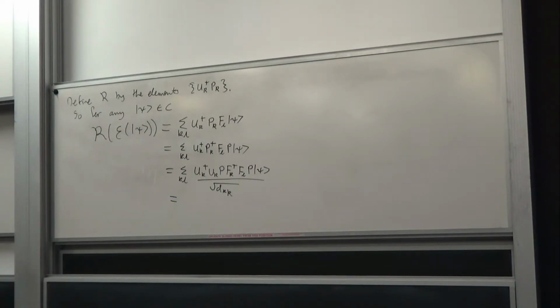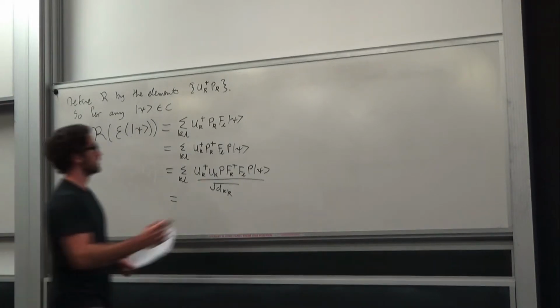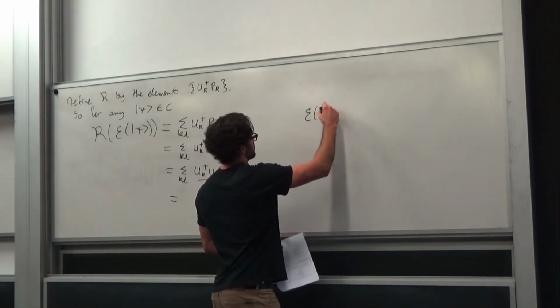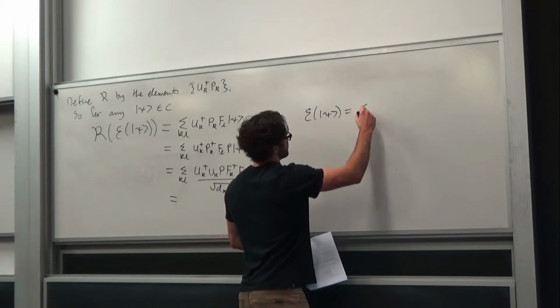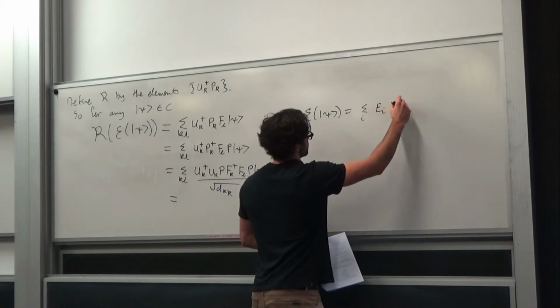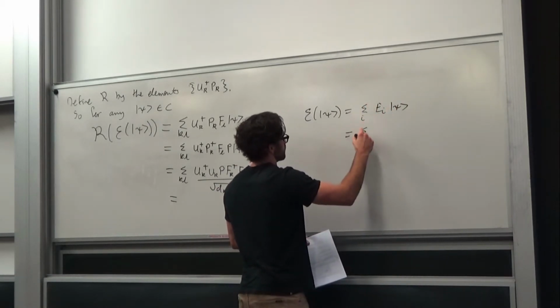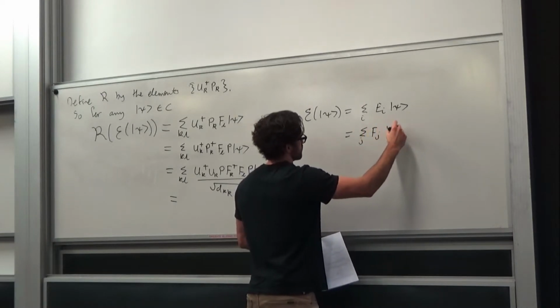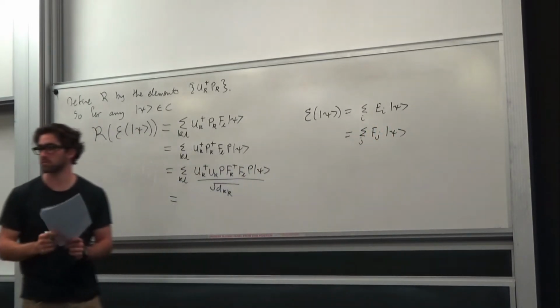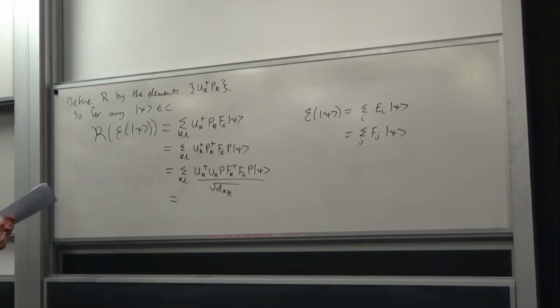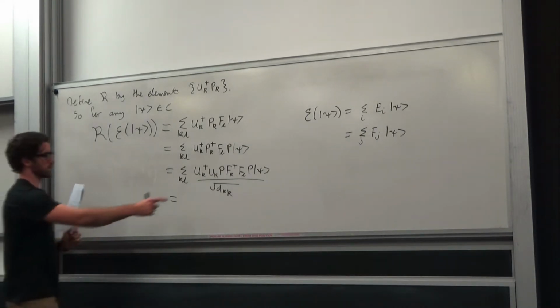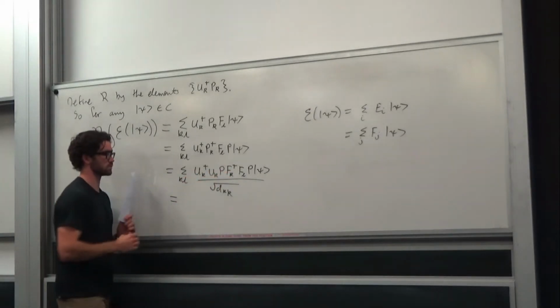So we can write like that. All right, so we know that this is 0 unless k equals L.